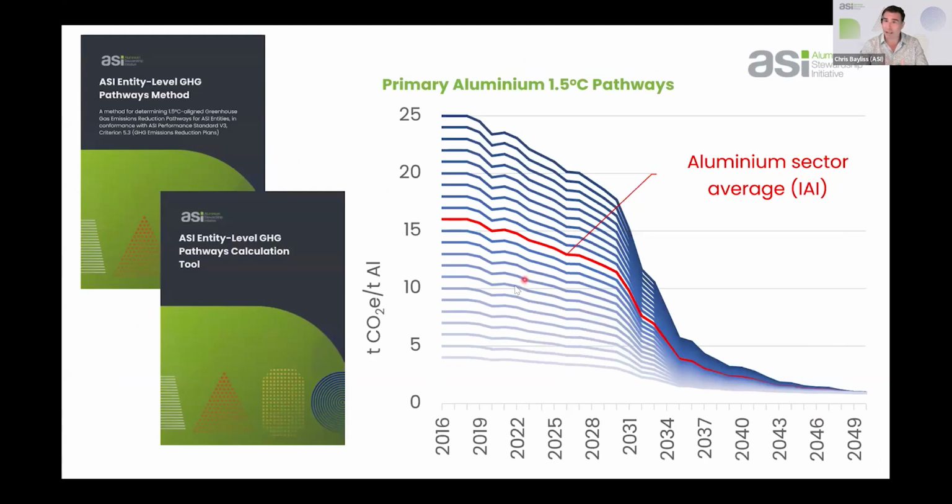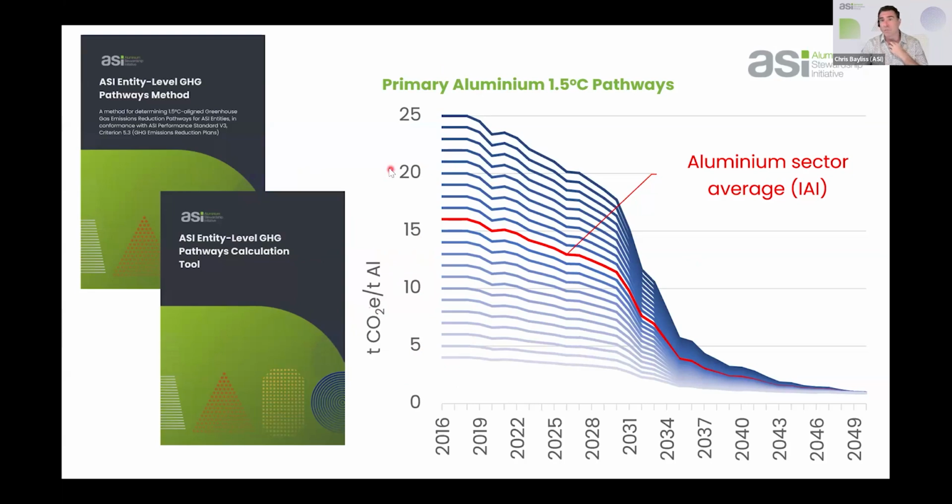Using that IAI data, which describes a sector-wide emissions reduction slope out to 2030, you can see the red line here. Essentially, we developed an entity-level approach that maps given baselines, so this is for primary aluminium, and a range of baselines from around 4 tons of CO2 per ton of aluminium all the way up to 25 tons per ton of aluminium.